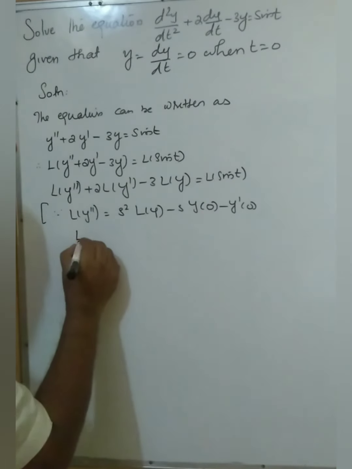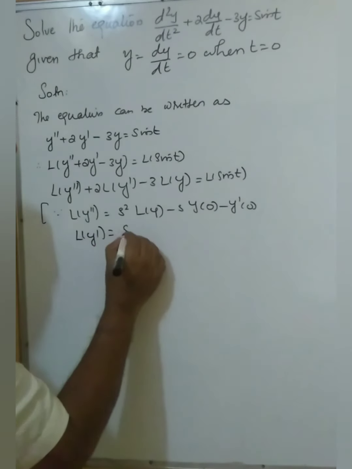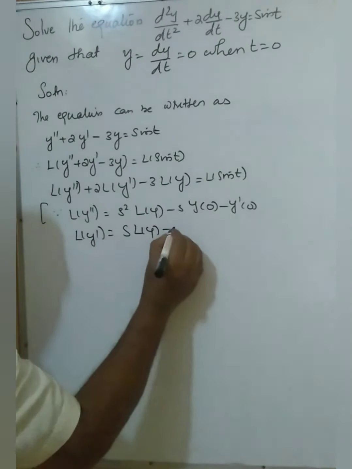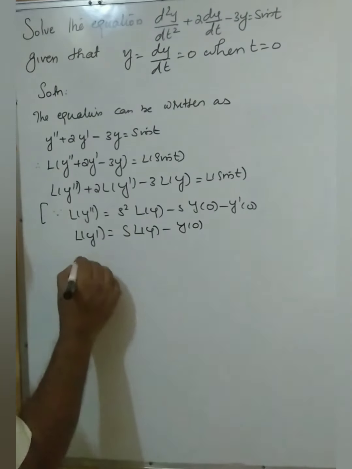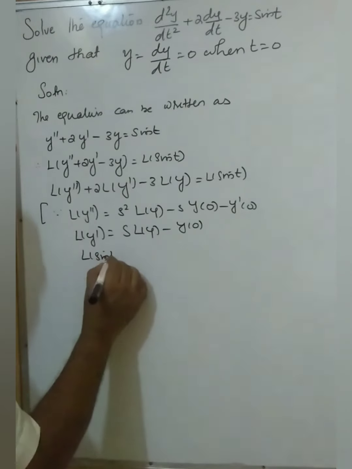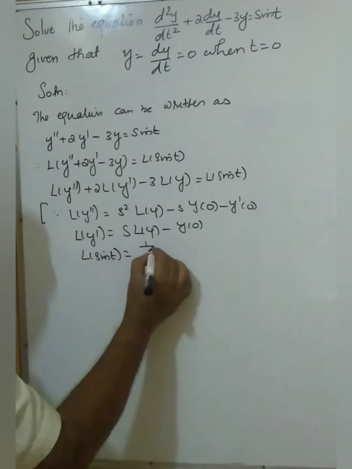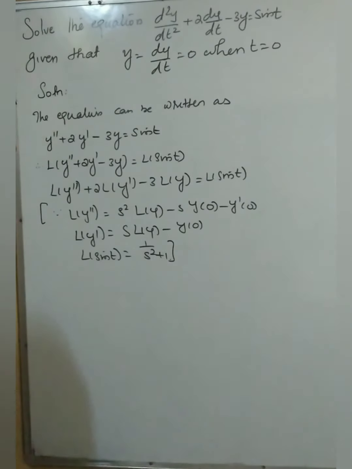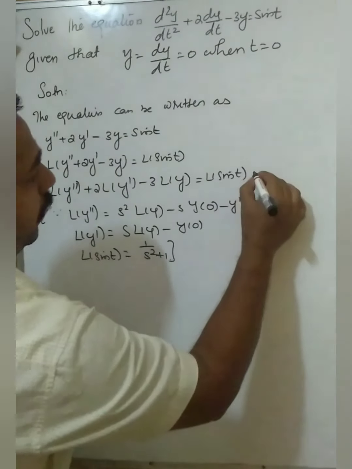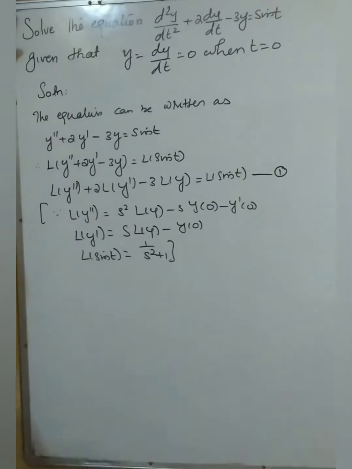Second one, L of y dash is equal to s into L of y minus y of 0. Also L of sin t equal to 1 by s square plus 1. These are the three formulas we have to apply here. So this is equation number 1.